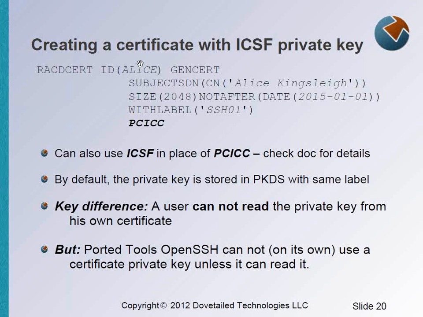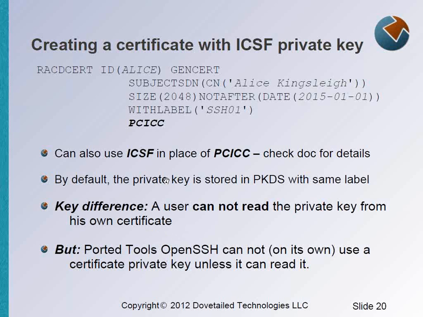Now, when you do this, what's different about this and what we did earlier? The key difference is that because the private key is in hardware, the user, this Alice, right, cannot get the private key from her own certificate. Cannot read the private key. They can use it. They can make an API call to use the private key, but they can't get the private key material out and see it, right?